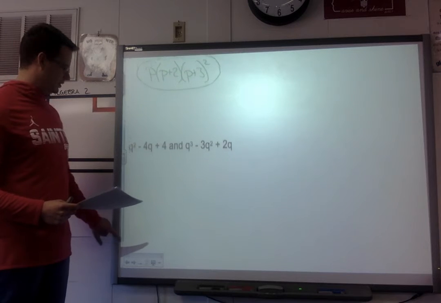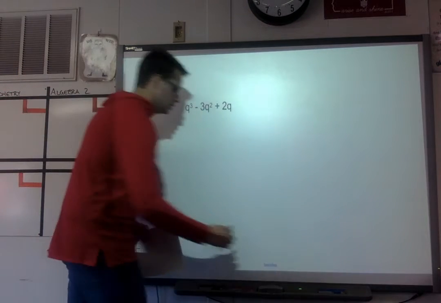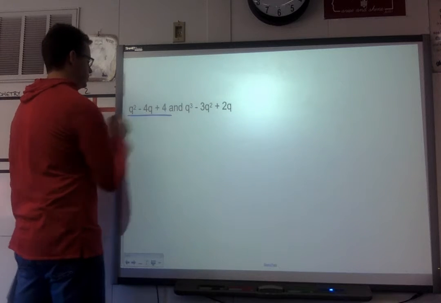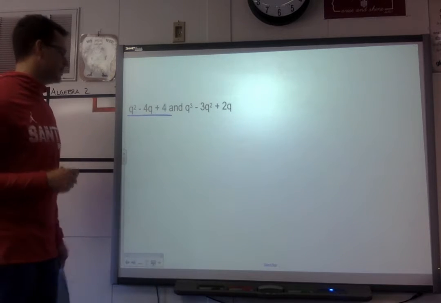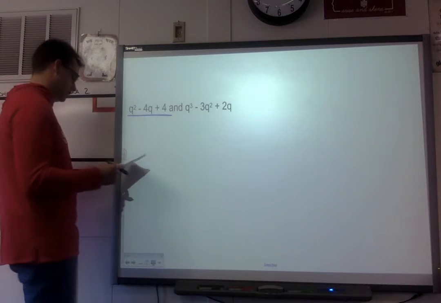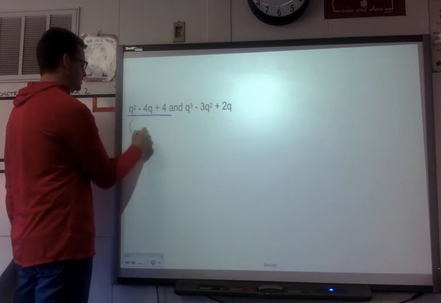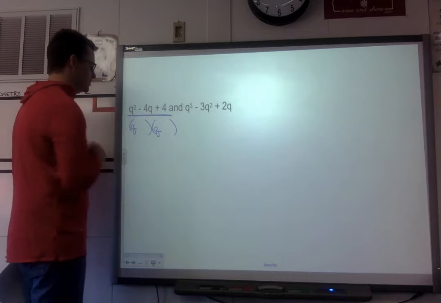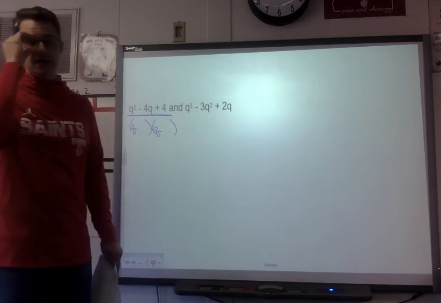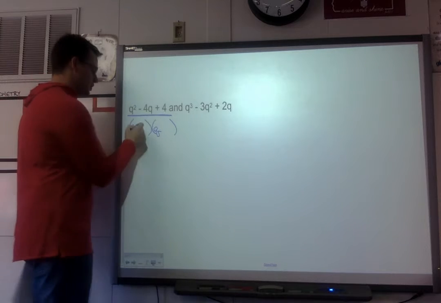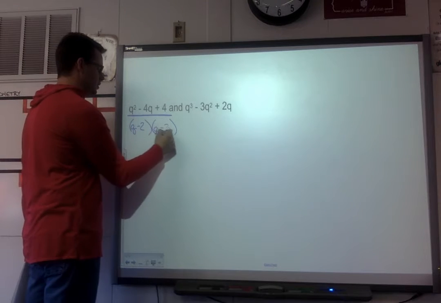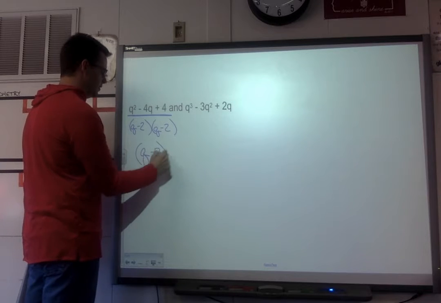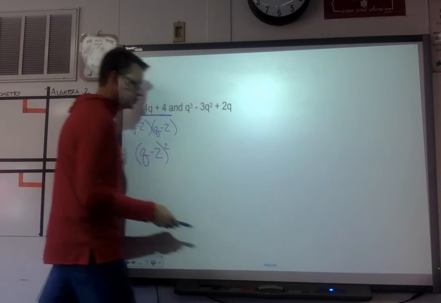Let's do another one of these here. So I'm going to go ahead and do my first one, q squared minus 4q plus 4. So in this case, I need two numbers that multiply to positive 4 and add to negative 4. Those two numbers are going to be negative 2 and negative 2. So just like that last one, I'm going to write this as q minus 2 squared.